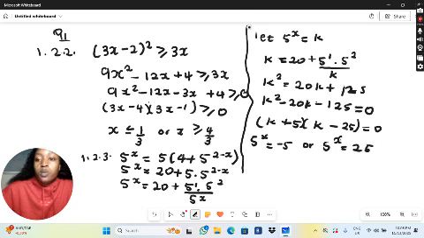So we are solving for x. So 5 to the power of x is not equal to a negative number. So we're going to deal with 5 to the power of x.